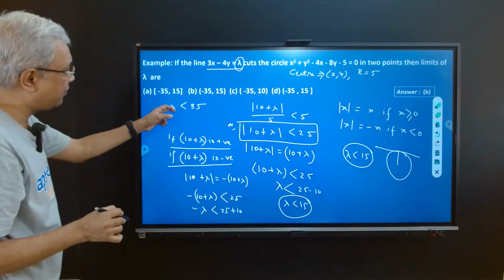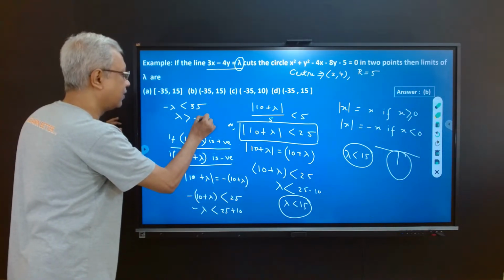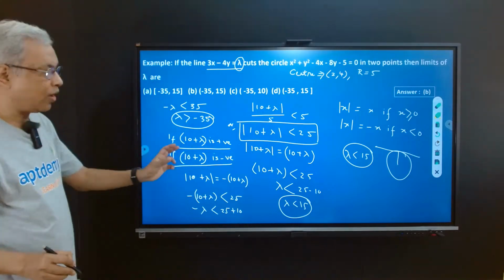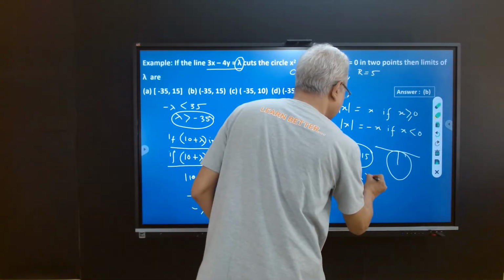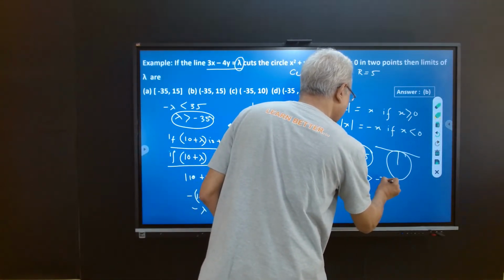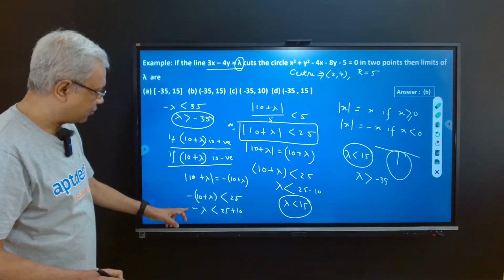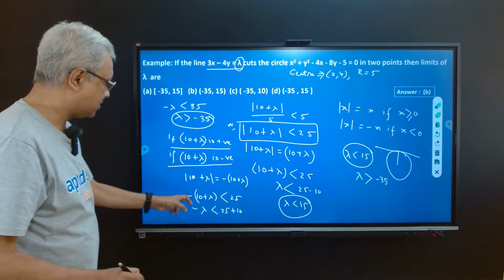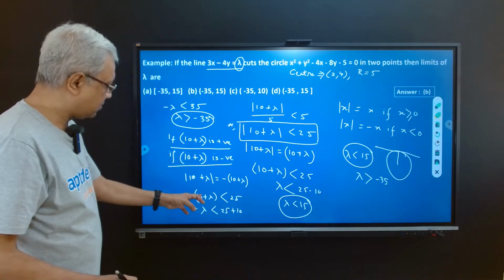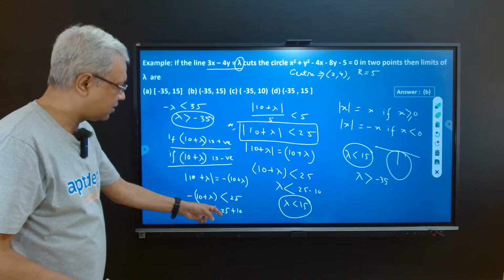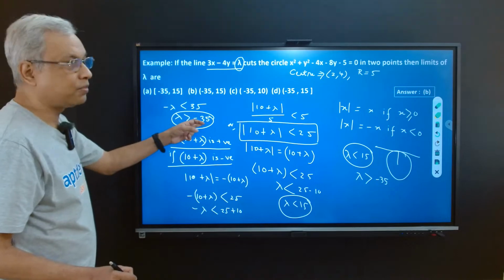So if minus lambda is less than 35, then lambda is greater than minus 35. So I have got the conditions: lambda is less than 15 and lambda is greater than minus 35. Is it okay? Minus 10 plus lambda is less than 25. Add 10 to both sides: minus lambda is less than 25 plus 10, so minus lambda is less than 35, so lambda is greater than minus 35.